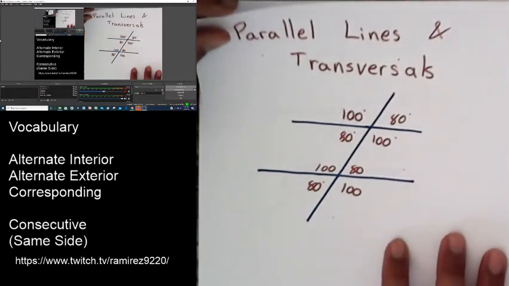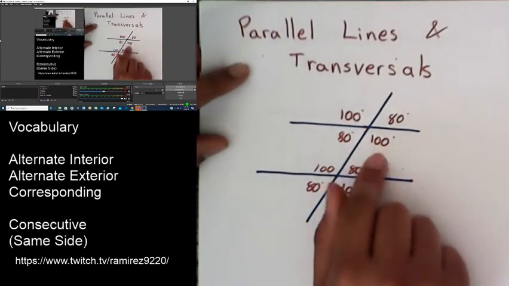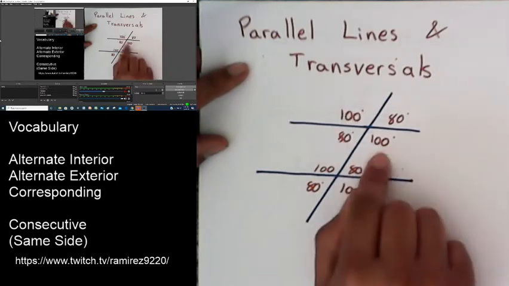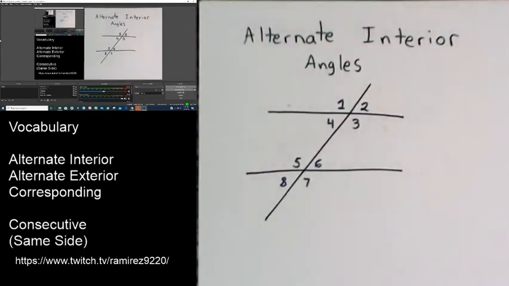And today we're going to be talking about angle pairs. These are vertical. I guess you could say that that is an angle pair, but we already talked about it, so I'm not going to mention it anymore. Right, so some angle pairs here are formed by my transversal going through my parallel lines. So here it's saying that it's an alternate interior.